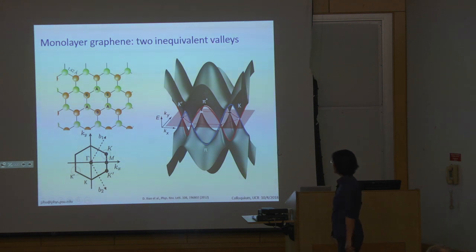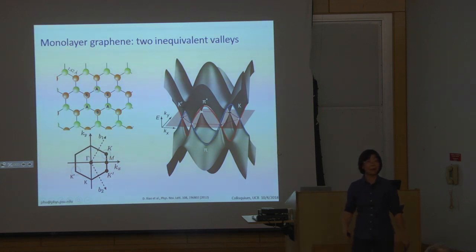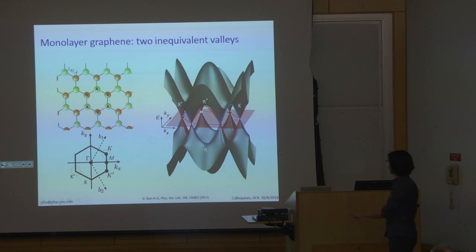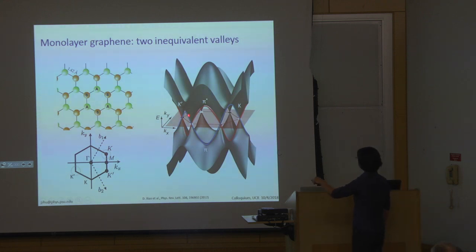The thing I want to emphasize over here is that, in fact, there are two types of pockets in the Brillouin zone here, the K and K prime. And if you look at the bands of graphene, they're formed by the bonding and the anti-bonding orbitals, pi and pi star. Right? So this is pi star, and this is pi.